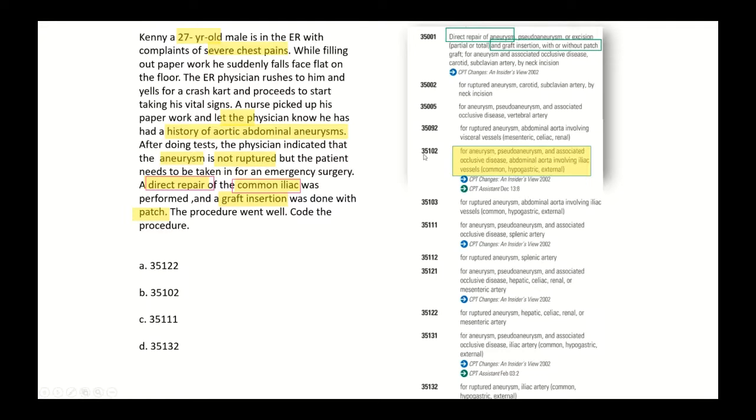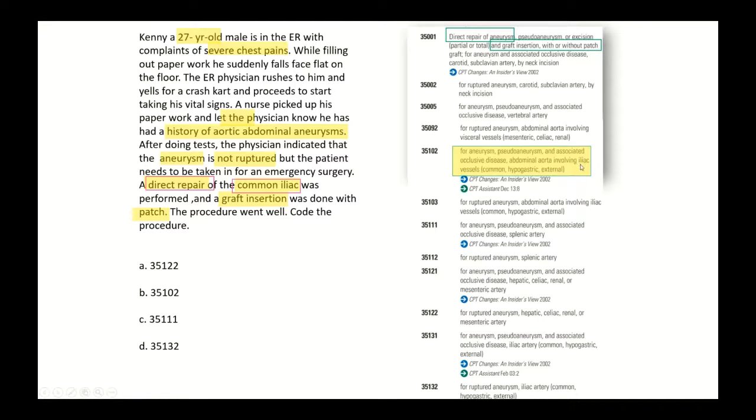So that would lead us to your first code here. Let's take a look at 35102. All those from the parent code we carry over. This is for aneurysm, pseudoaneurysm, and associated occlusive disease, abdominal aorta. And if you are wondering, what is included in your abdominal aorta?